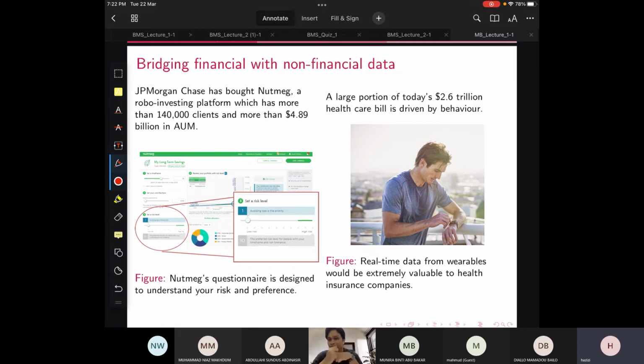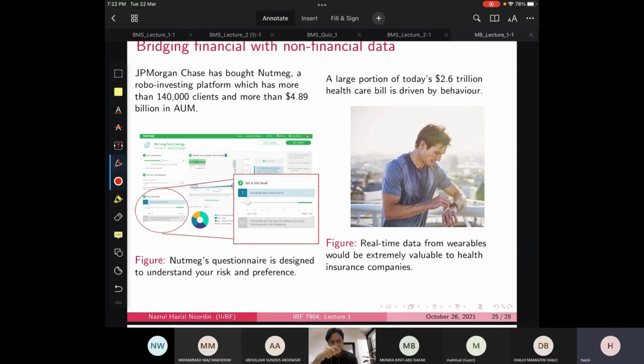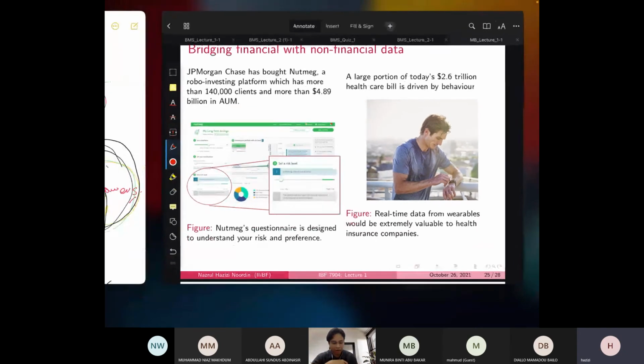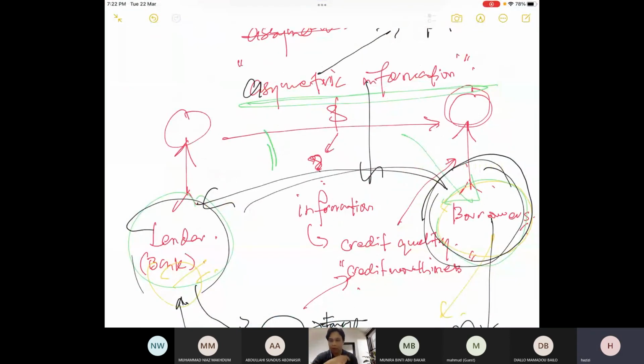That you can monitor your heart rate, your health condition, and you basically can keep track of whether you are in good health or bad health. With this kind of information, again, it will bridge a bit the gap between lenders and borrowers. That's what I'm trying to say.